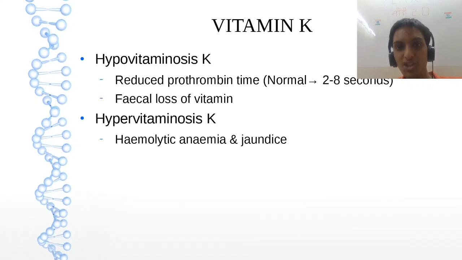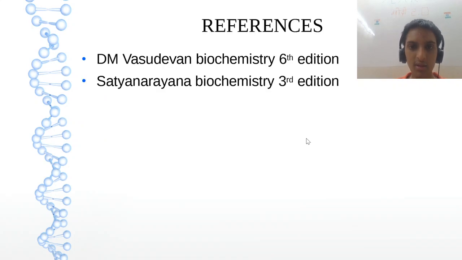As the family chain was growing, the hemophilia started spreading. This is something briefly I wanted to tell you associated with the prothrombin time. Then fecal loss of vitamin through the stools. And hyper leads to hemolytic anemia and jaundice. That's it. So these are the references from where I took the images.